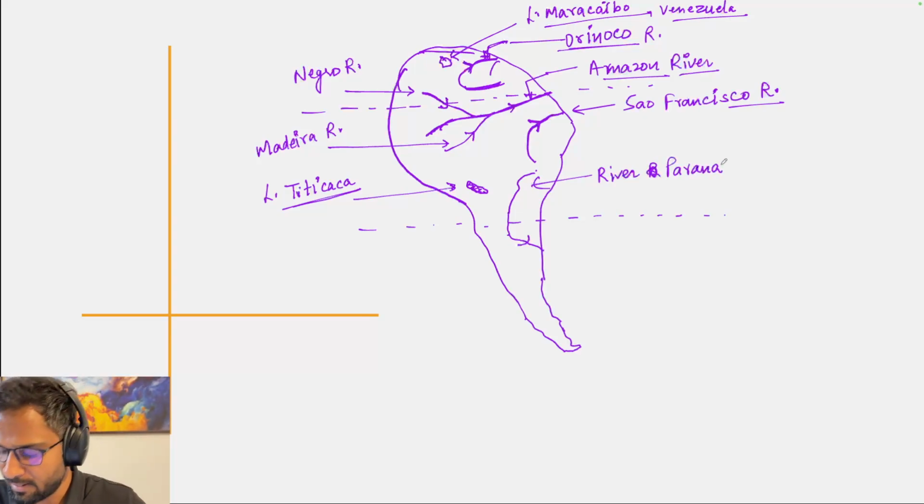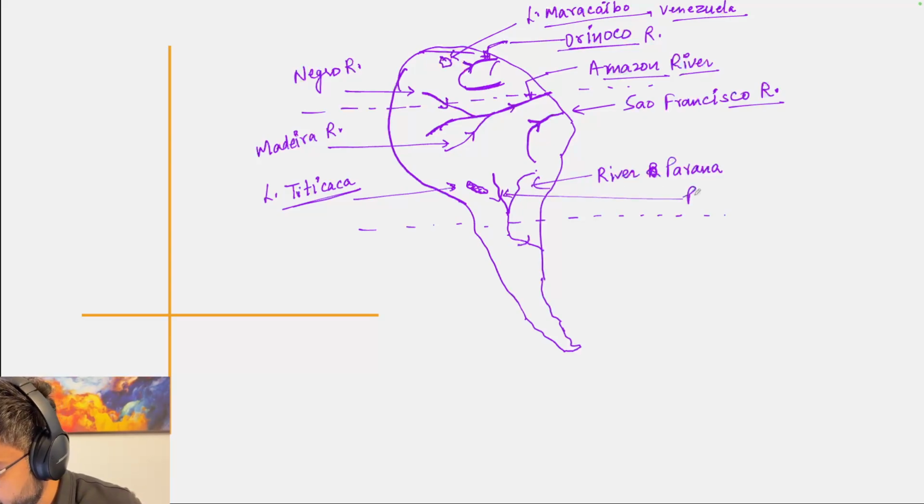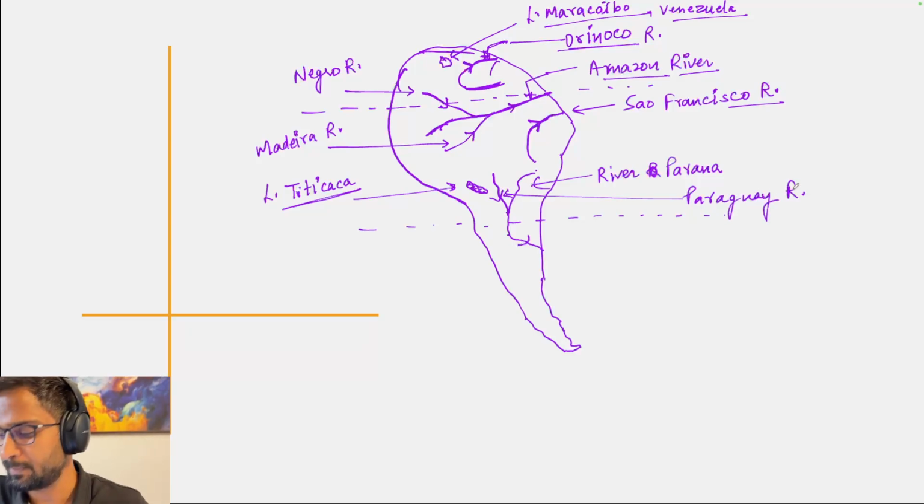And this River Parana on the right bank is joined by a river called Paraguay River. Then ultimately this river is Parana River.